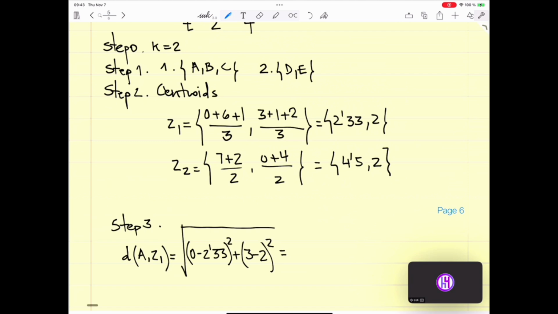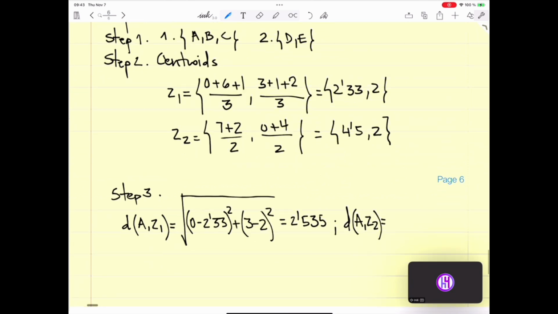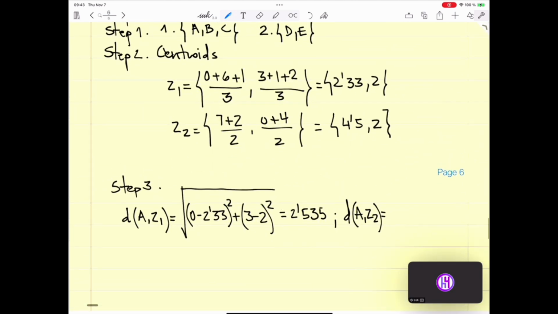Okay, so this is going to be 2.535. And the distance between A and Z2 is again the square root of 0 minus 4.5 squared plus 3 minus 2 squared.